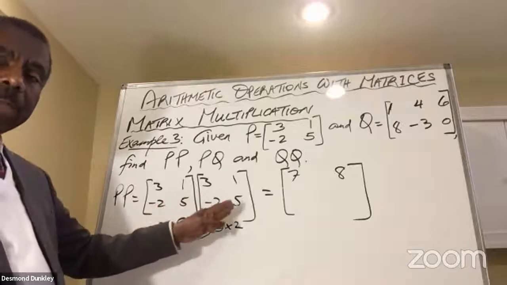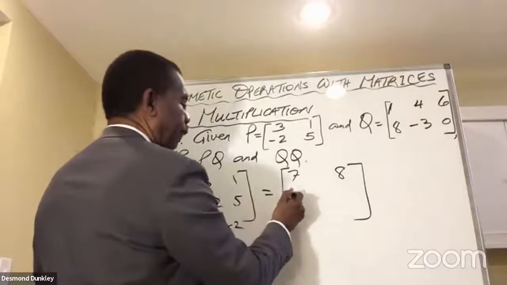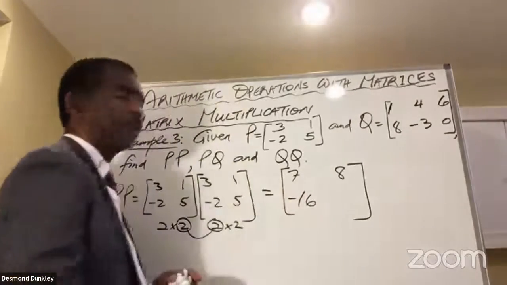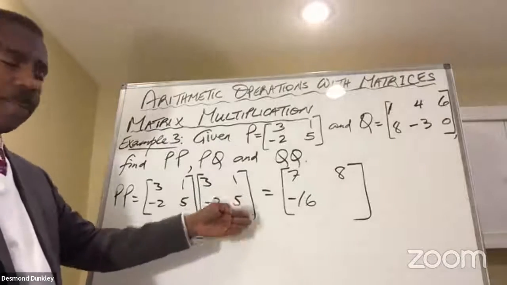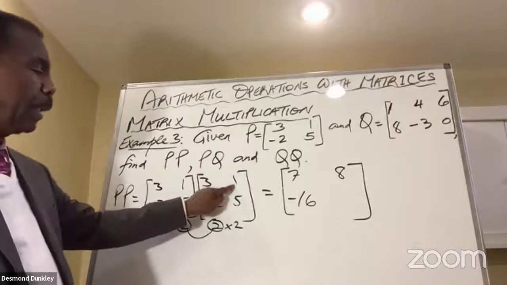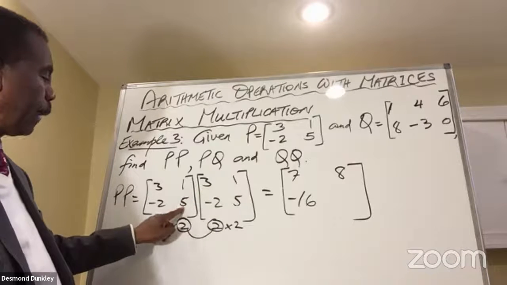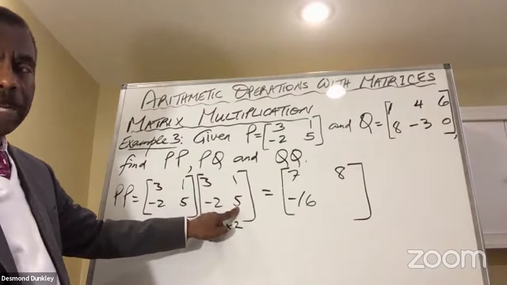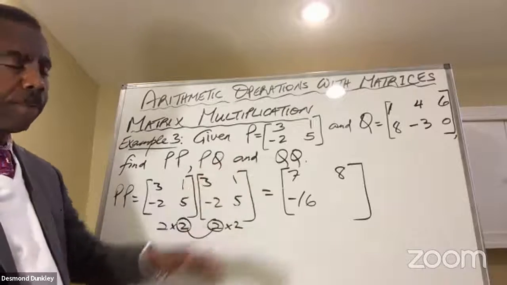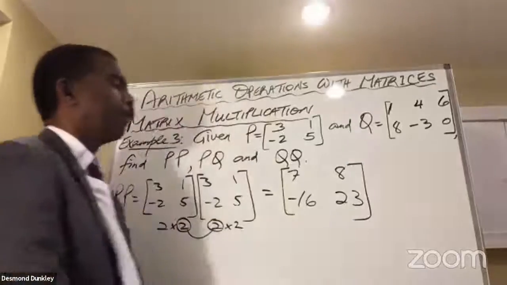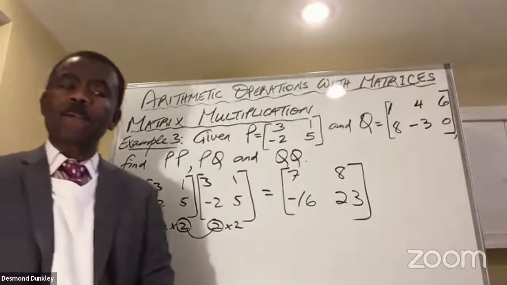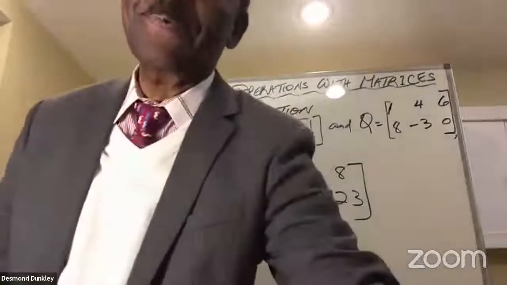Negative 6 plus negative 10, negative 16. Again, second row, second column. Negative 2 times 1, negative 2. 5 times 5, 25. Negative 2 plus 25. So that takes care of our first product.